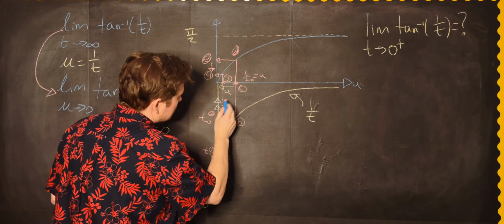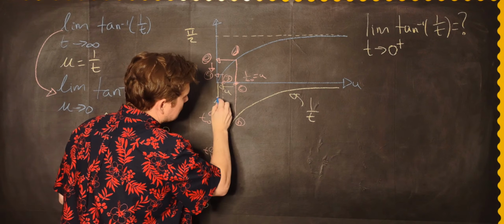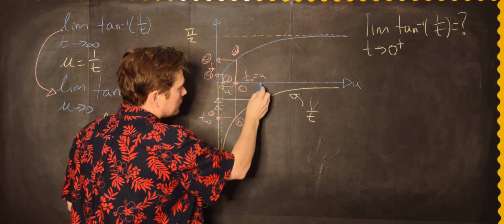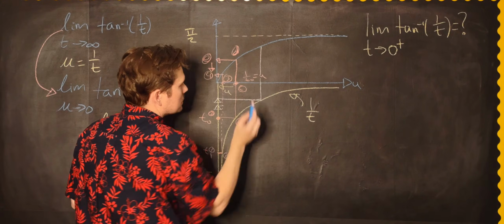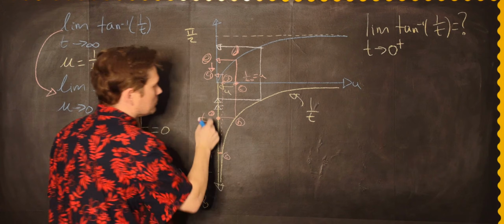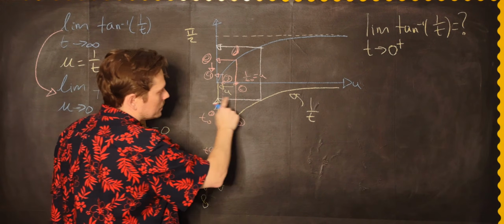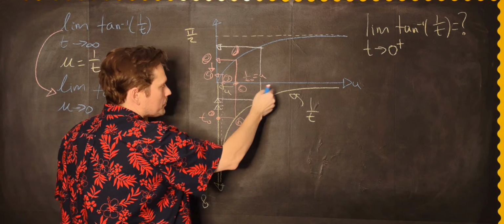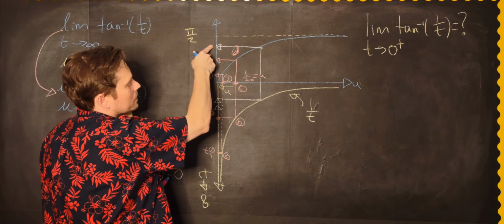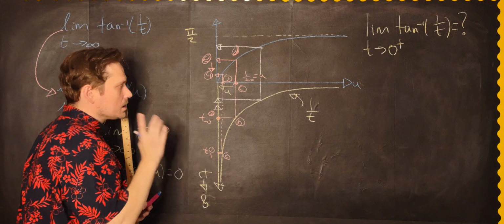As that happens, look at this output. Follow the white line. It goes this way. It bounces. That gives you a value of u. And then it bounces all the way to here. So beginning from here, this is a particular value of t. Bounce off the curve. That gives you u equals 1 over t. That gets fed into the inverse tangent, which gets output here. Just follow the arrows.